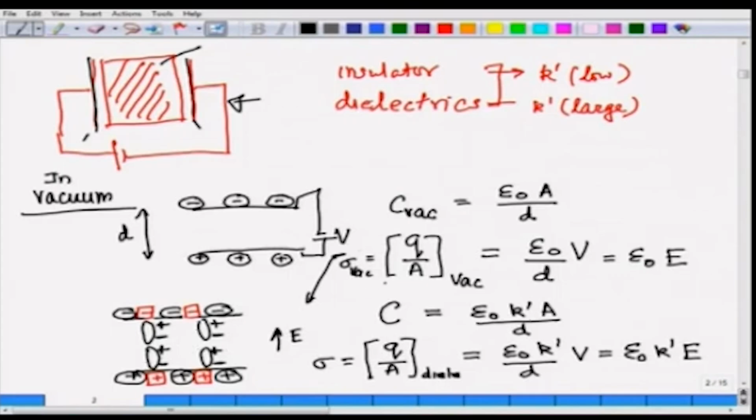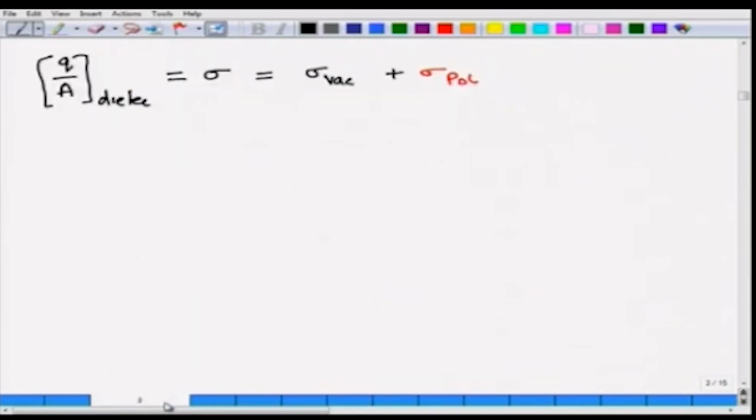So, when it is vacuum, this is the charge which we had inserted, which is the black colored circles, these same black colored circles here. But when you insert a dielectric, we got additional red colored charge. So the total charge sigma now is what is due to vacuum plus something additional which we are calling the polarization charges.